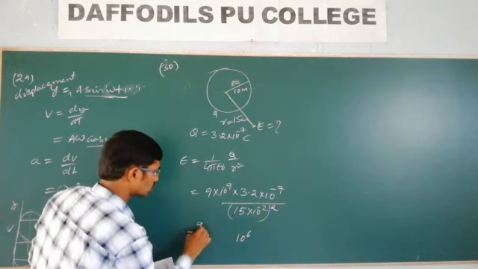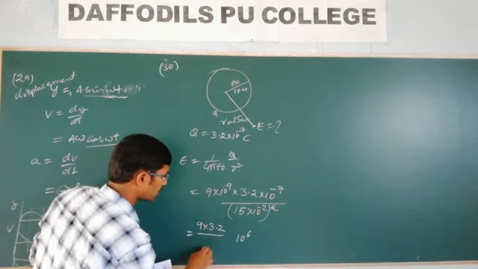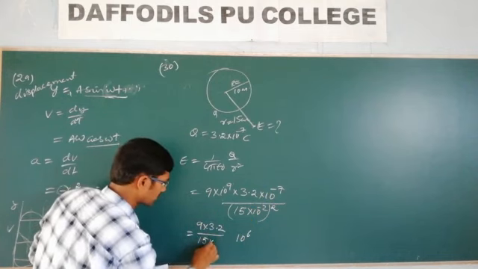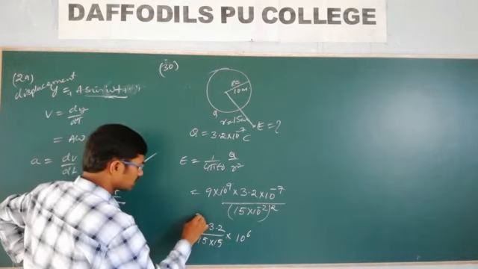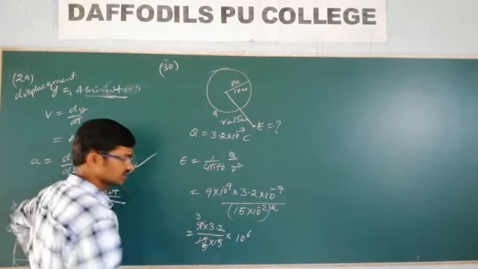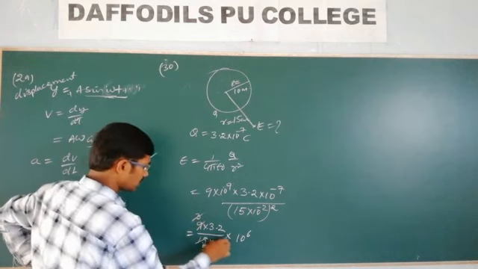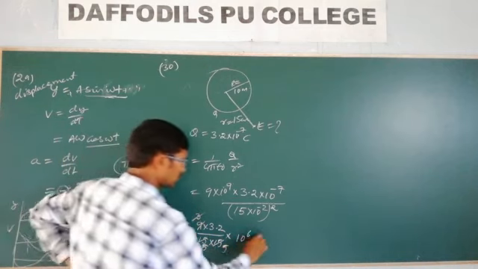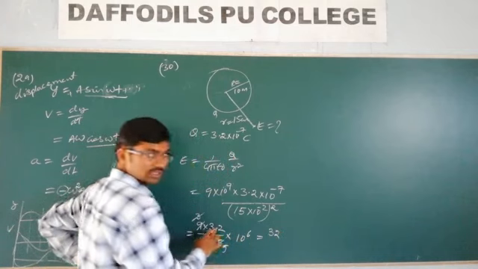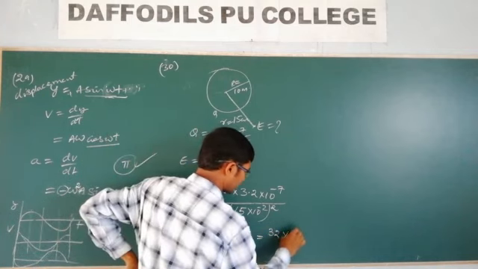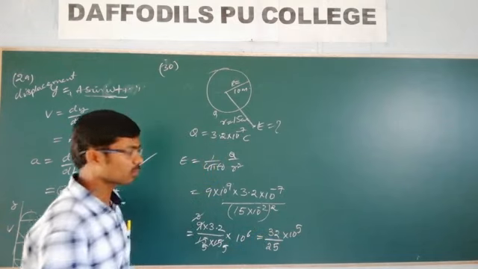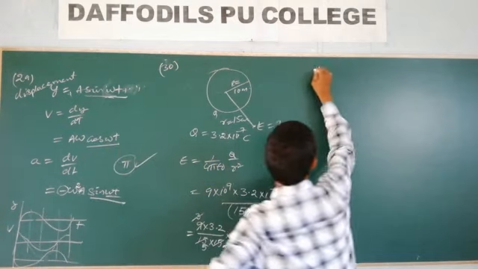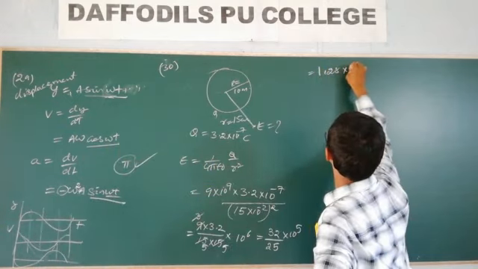Now 10 power 9 into 10 power minus 7 is 10 power 2. And 10 power minus 2 whole square is 10 power minus 4, which goes to the numerator as 10 power 6. Now 9 into 3.2 by 15 into 15, so 3 threes are 9, 5 threes are 15.